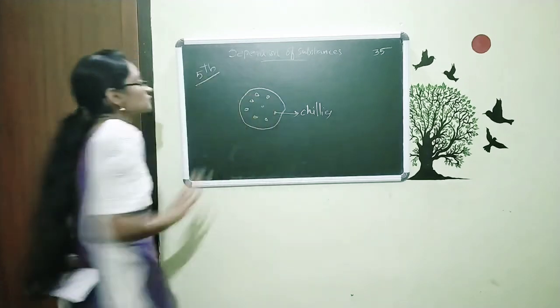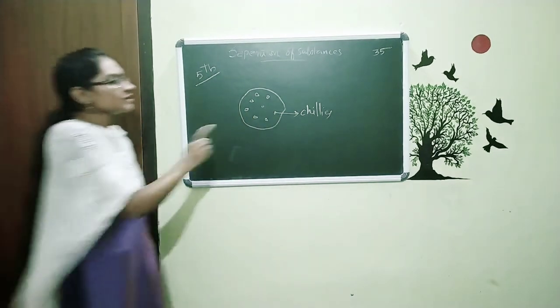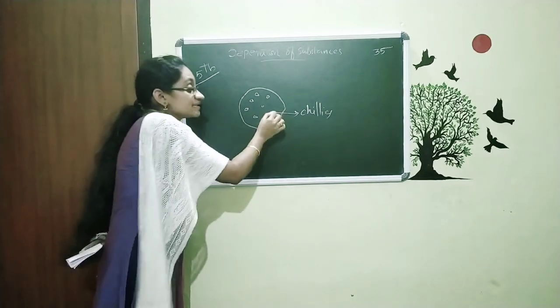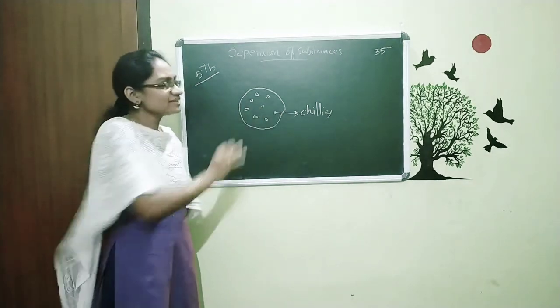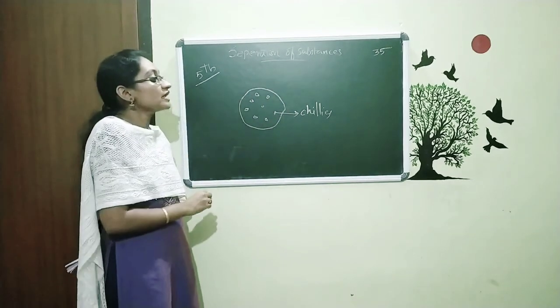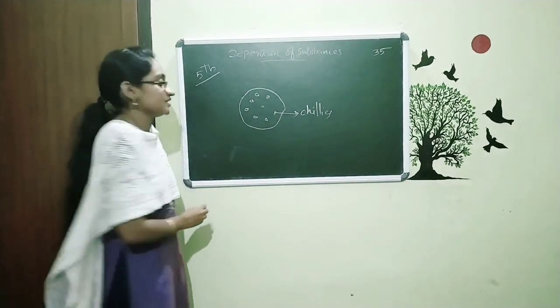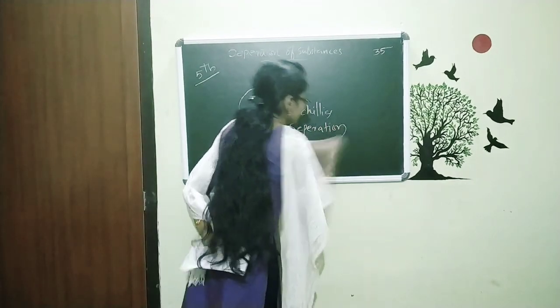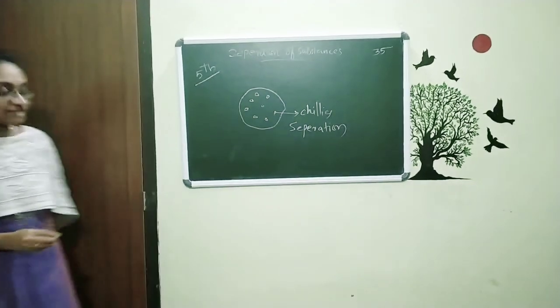Actually, why are you doing this? Because it has a taste and it will harm you or irritate you. So you are just taking these chilies out. Here also what you are doing is separation.